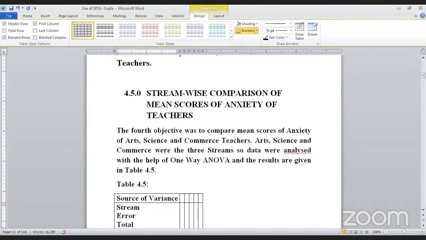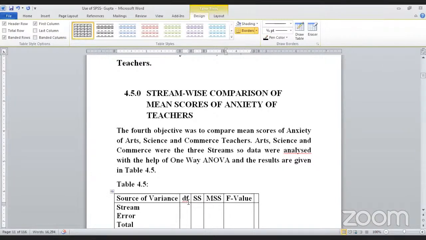So these are the three sources of variance. So I have to write source of variance. Then next will be my degree of freedom. Next will be SS. SS means sum of squares. Then is MSS. MSS means mean sum of squares. And then is your F value.